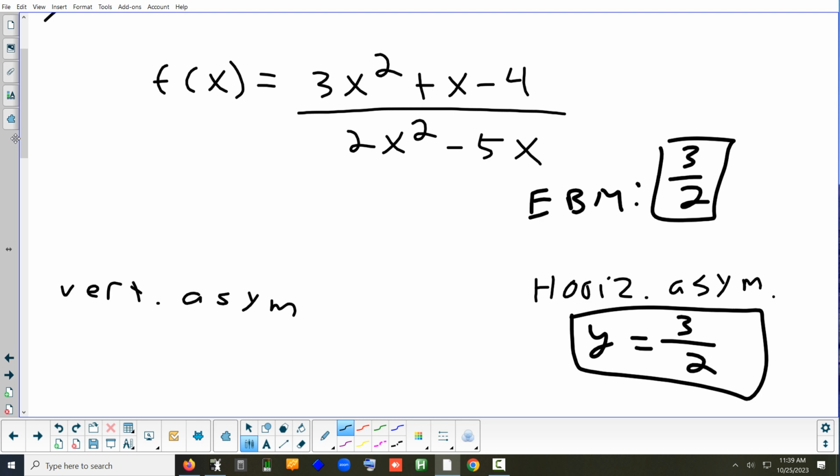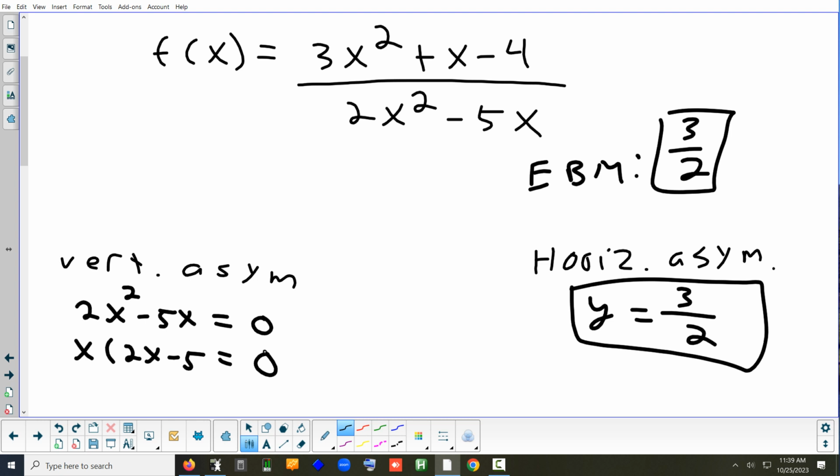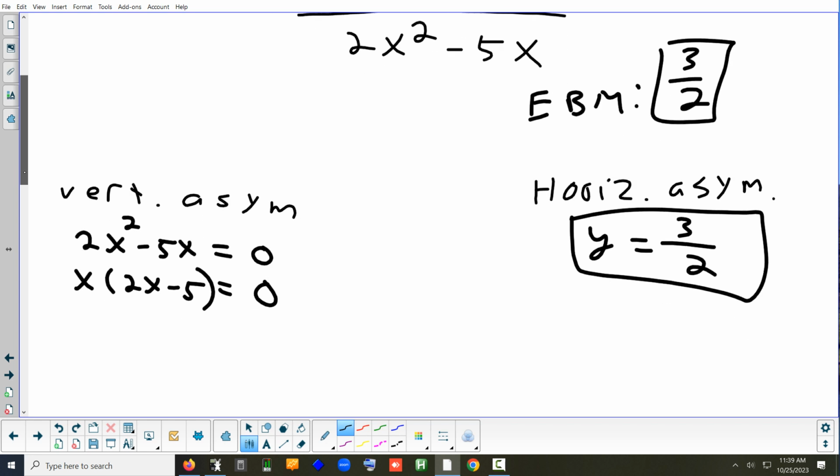Yep. Isn't it when, like, the zeros of the denominator? Set the denominator equal to 0. So, where are my vertical asymptotes here?